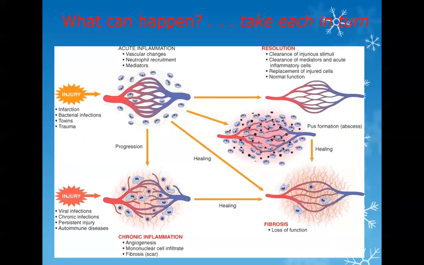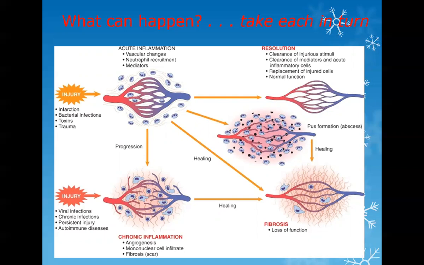Sometimes, because the virulence of the bacteria is more, like staphylococcus or pseudomonas, pyogenic infection, it takes a longer time. Probably it ends with fibrosis. Or this acute inflammation directly goes to fibrosis. Or sometimes, after 4, 5, 6 days, acute inflammation converts into chronic inflammation.